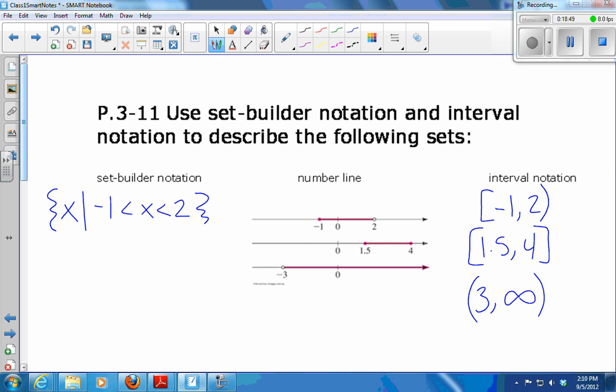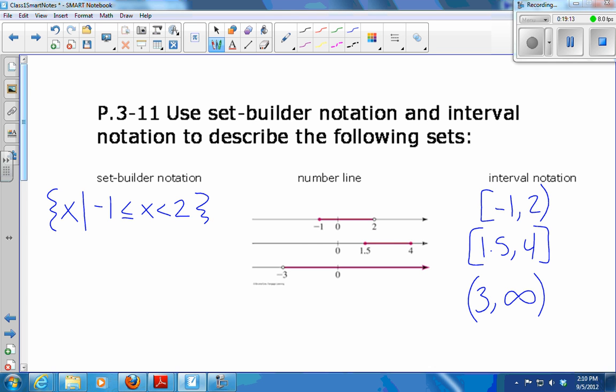I include the -1, but not the 2, so I'm going to put an or equal to with the -1. Because I want to have a closed dot on the -1 and not on the 2. If I put an or equal sign on the 2, then I would have had to put a closed dot on my 2.